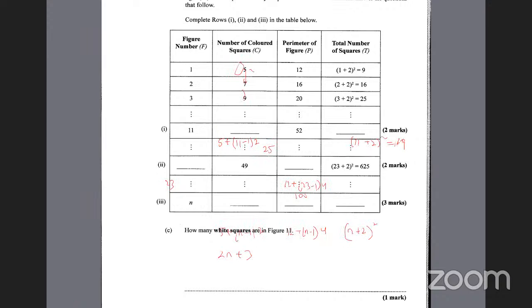So was it 25, right? So the total number of squares was 169, and then you just minus out colored. Right? So that's 169 minus 25. So that's 144. All right.